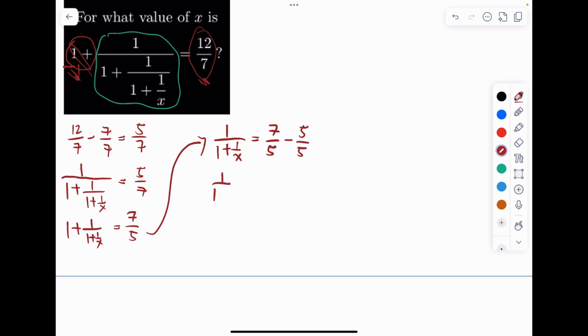So 1 over 1 plus 1 over x equals 2 over 5. And then we're going to invert again. We're going to divide again, so it's just going to be 1 multiplied to the reciprocal.